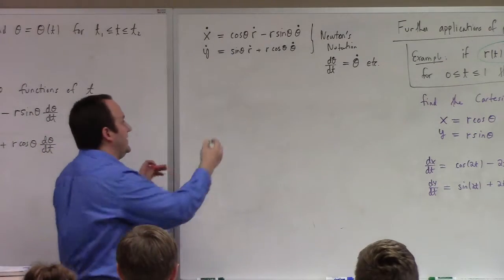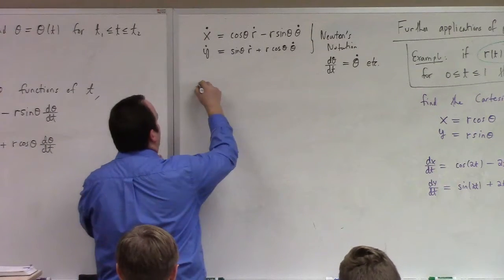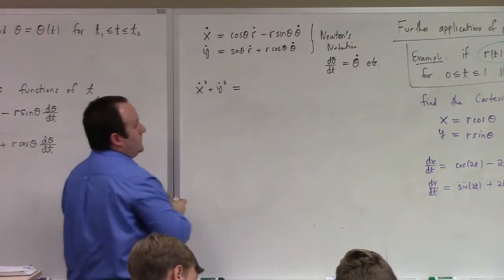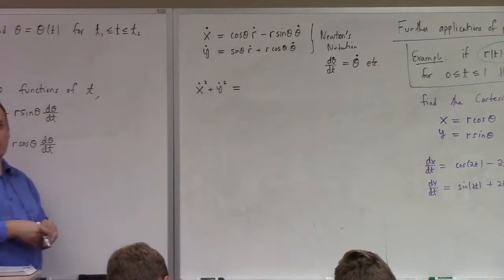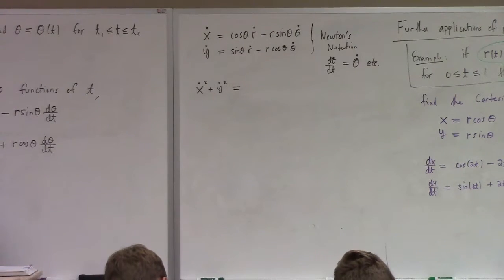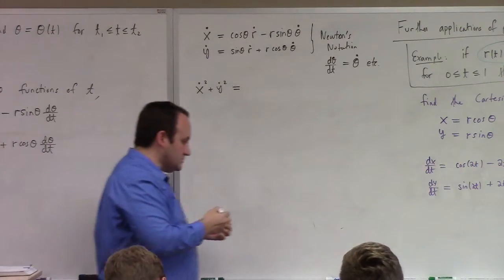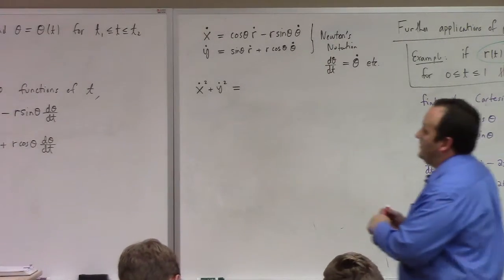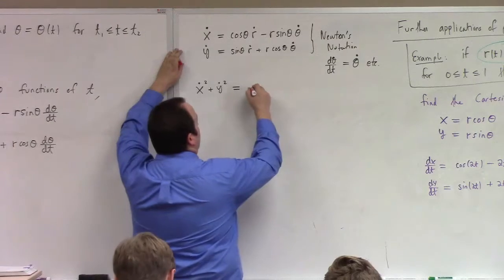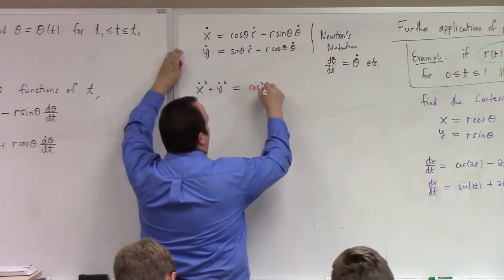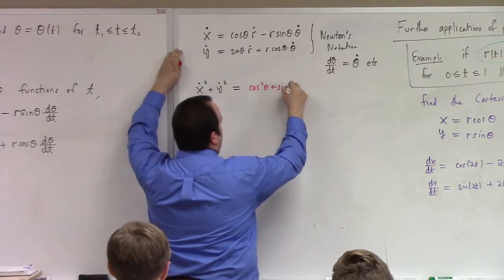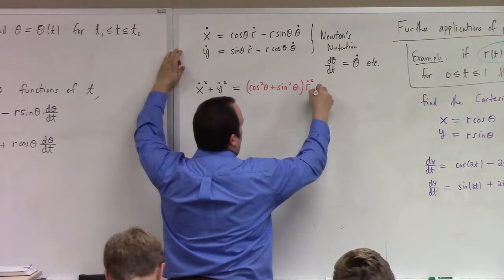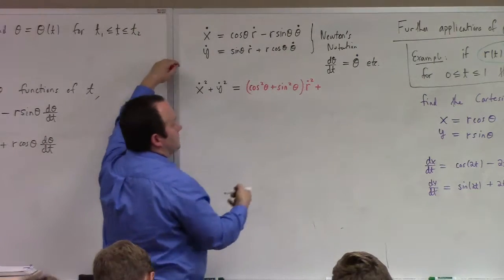Anyway, so what happens when you look at x dot squared plus y dot squared? We get cosine squared theta plus sine squared theta, both with an r dot squared. The cross terms cancel, right?